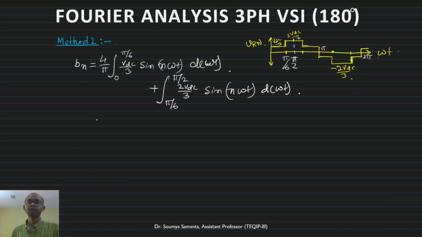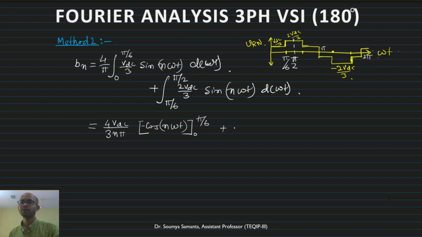Now if we integrate this part, what will happen? 4 VDC by 3 n pi, and after integration this will be minus cosine of n omega t, this part from 0 to pi by 6. This is one part. Another part is this.